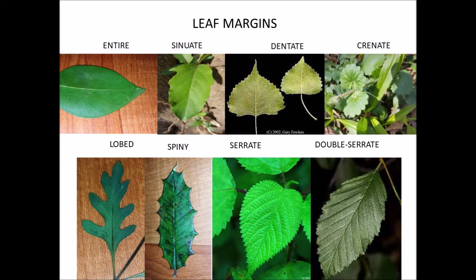Serrate would be typical of almost forward projecting angular teeth, and that would be typical of stinging nettles, for example, or wood nettles. Double serrate is just where you have serrations upon serrations.